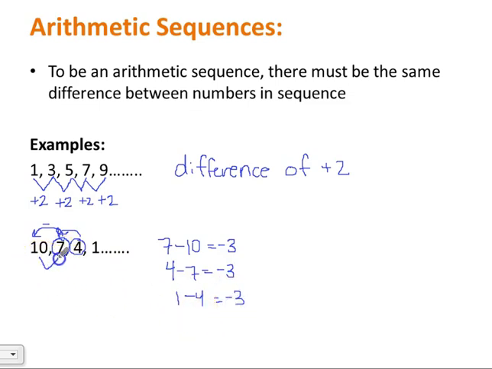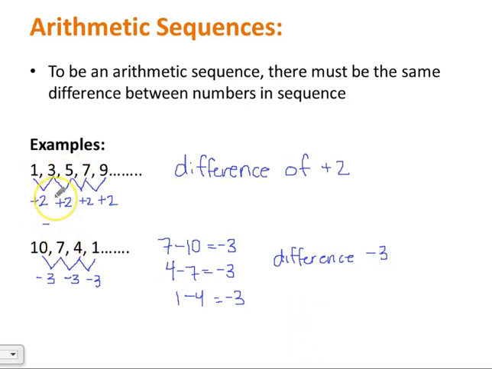So the pattern is to go from each number to the next, I would subtract 3. So to go from 10 to 7, I subtract 3. From 7 to 4, I subtract 3. I think you see the pattern. 4 to 1, I subtract 3. So the difference here in this sequence would be -3.